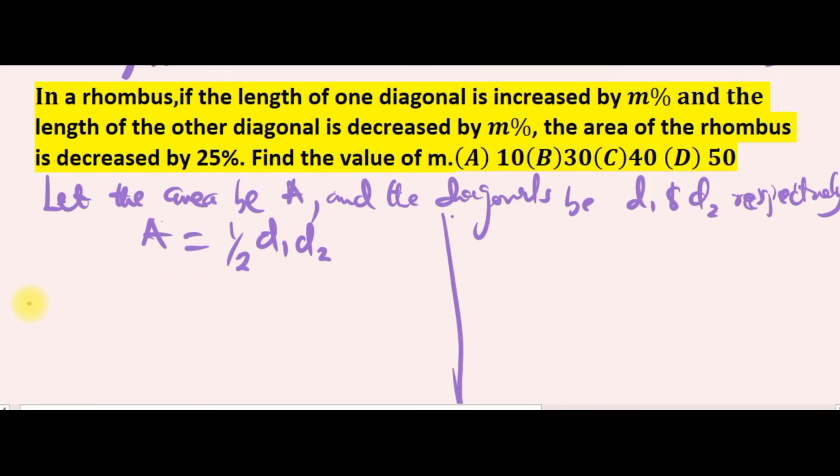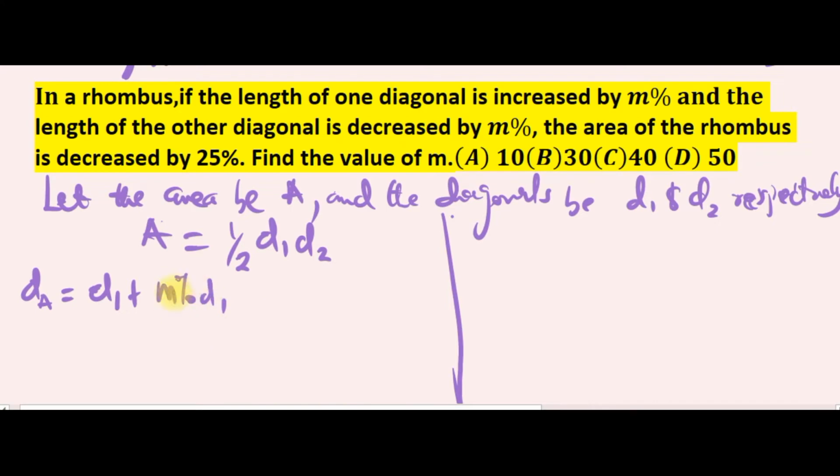But they say they increase the diagonal by m% and decrease the second one by m%. So the new diagonal, when it is increased by m, let me use D after, is now, remember, increased by m% means the first one plus m% of D1.